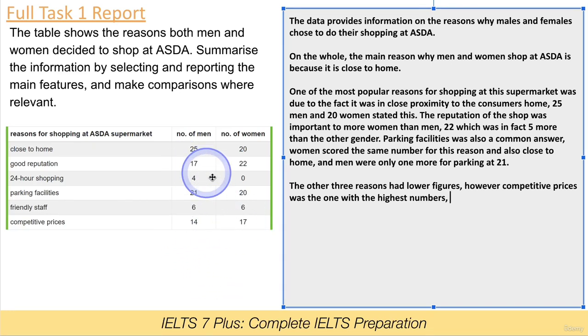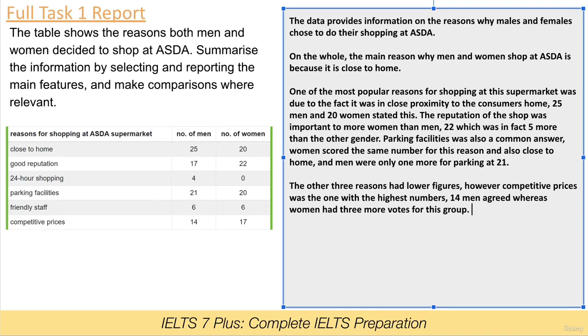So 17 and 14. 14 men agreed, whereas women had 3 more votes. 3 more votes for this group.